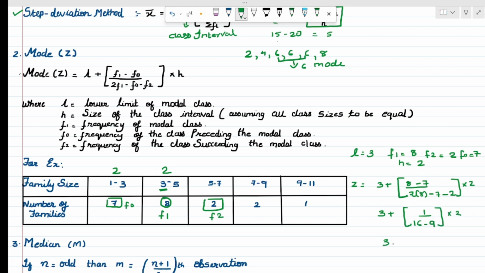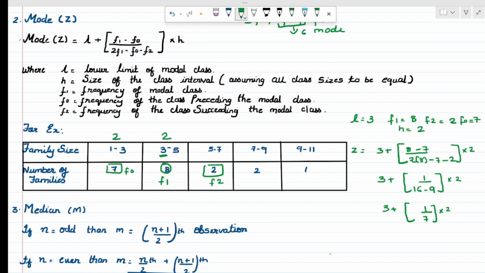Okay. So you will get 3 plus 1 upon 16 minus 9. That means 7 into 2. So you will get 3 plus 2 by 7. Now divide 2 by 7.